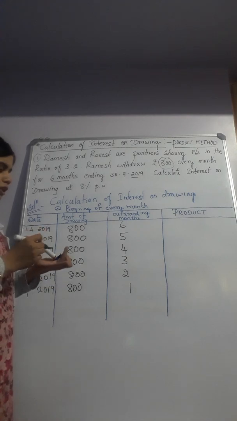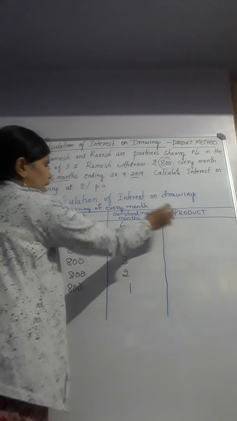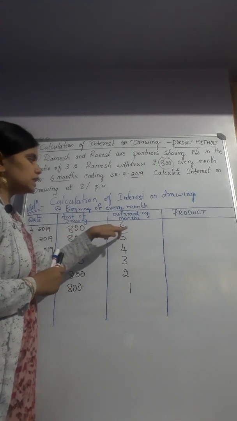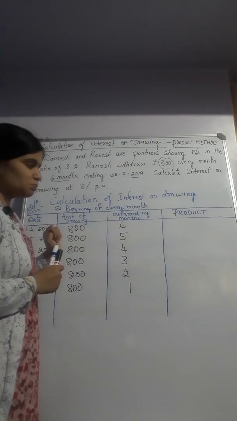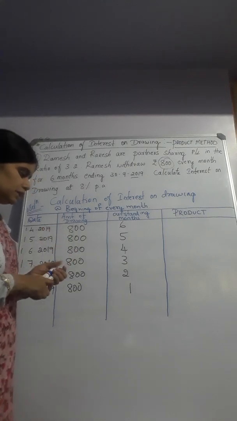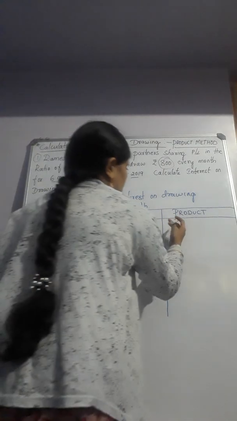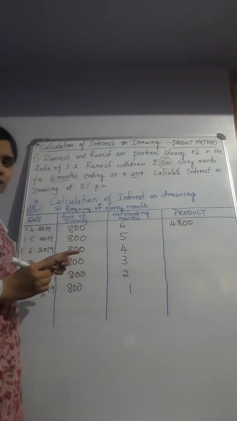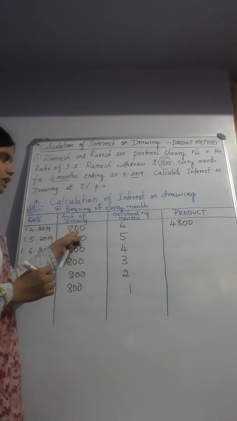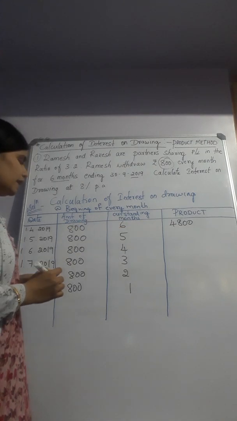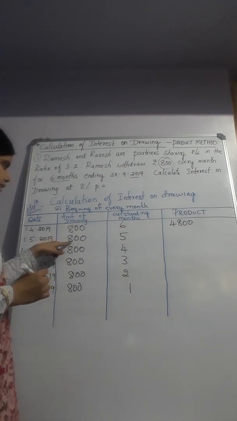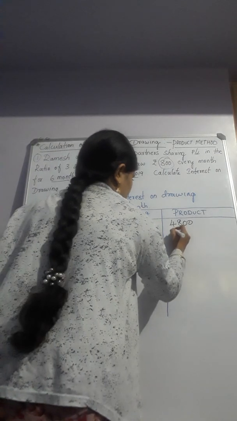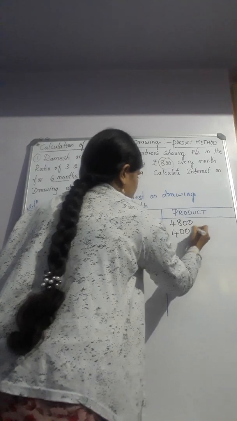Okay, in order to get the product, what do we have to do? We have to multiply by its duration. What is the duration here? 6 months. So 800 into 6 months is 4800. Multiply this 800 into 6, 4800. The next is 800 into 5, 4000.